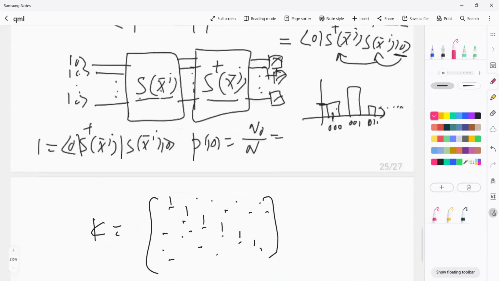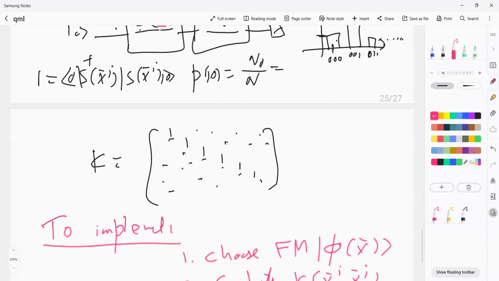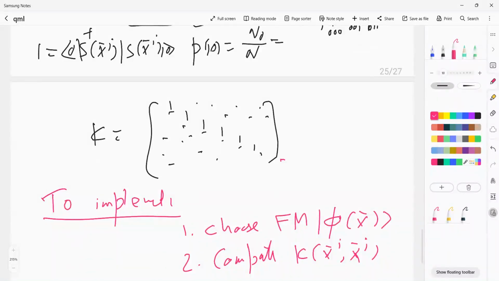Suppose you have 20 points in your training set. Then you will have to compute 400 entries, because xi is the first point, and then xj has to loop all the way from 1 to 20. Then xi is 2, and xj will again loop from 1 to 20, and so on. So there are 400 possible combinations, and this matrix would be 20 by 20 if you have 20 examples in the training set.